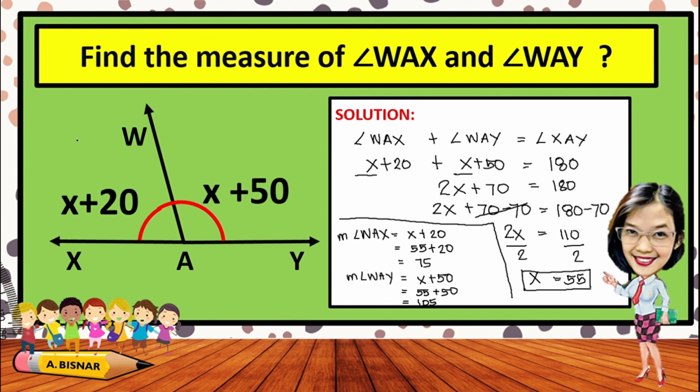So from here, we can say that the measure of WAX is 75 degrees, and the measure of angle WAY is 105 degrees. Let's check if our answer is correct by adding them. 75 plus 105 is equivalent to 180. And that's it. I hope you learned.